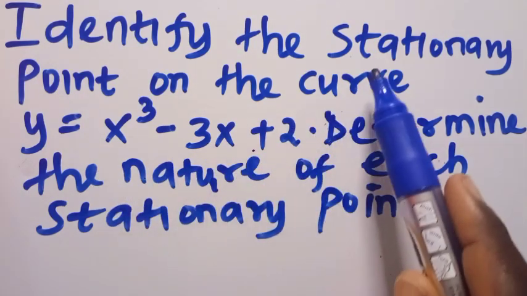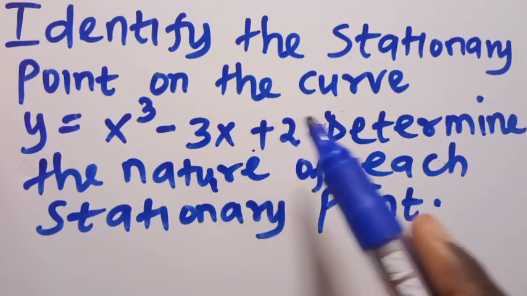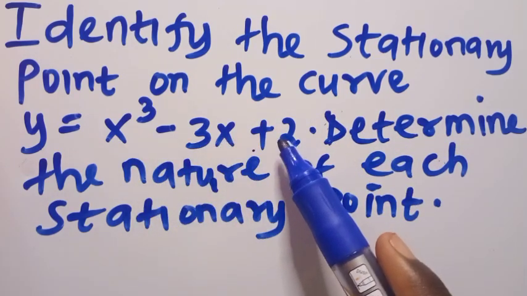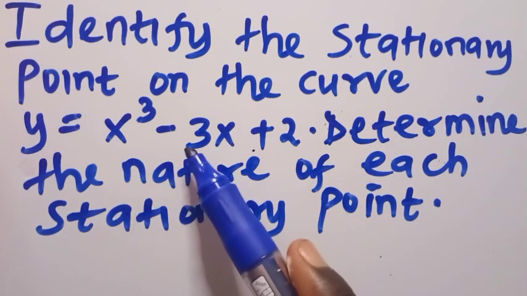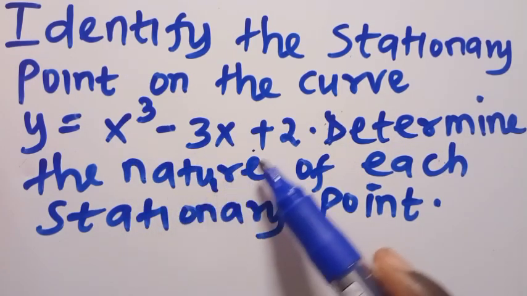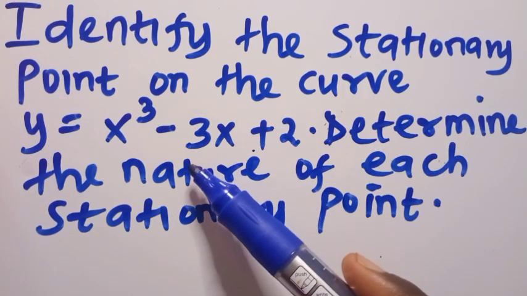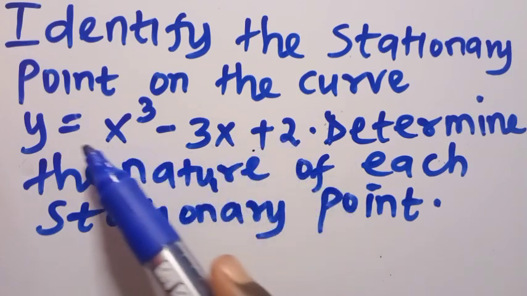as we know, at stationary points the gradient function, or the gradient, is 0. Therefore, we equate the gradient function with 0 to obtain the value of x. And after obtaining the value of x, we substitute it in our original function of y.